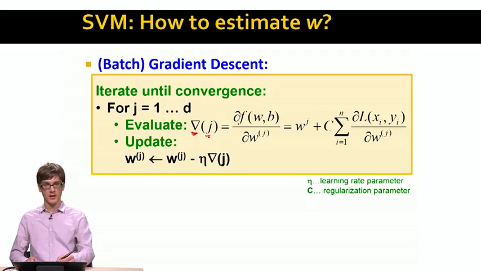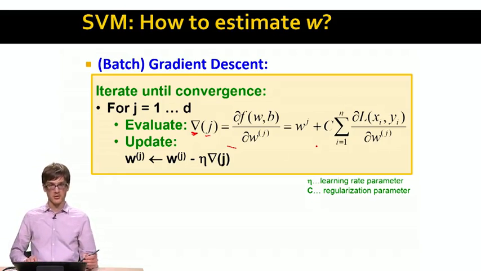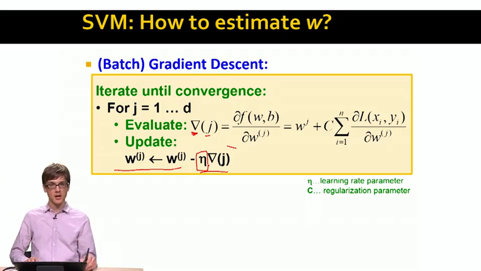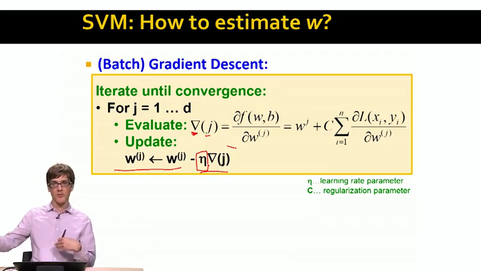We will evaluate the gradient at that given dimension by simply going through all the data and computing the sums introduced on the previous slide, and then we update that coordinate of our vector w in the direction that is reverse to the gradient. One thing that we have to keep in mind is that we have this parameter eta, which is what is called the learning rate parameter, which basically tells us how big a step we are going to make. Basically, when we compute the gradient, how much are we going to move in the direction that is the opposite of the gradient.